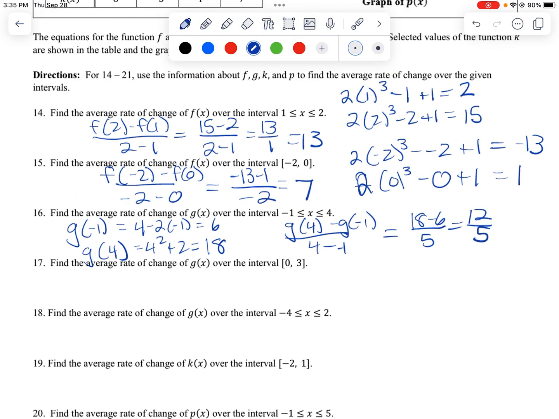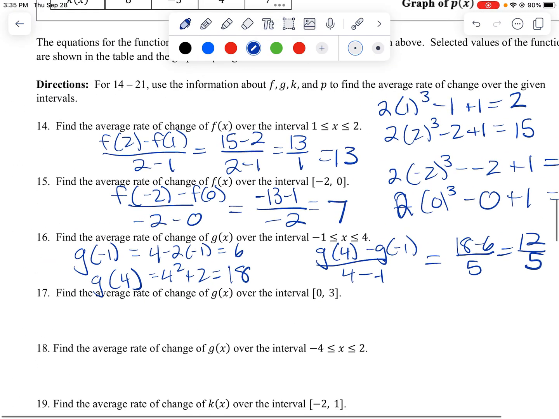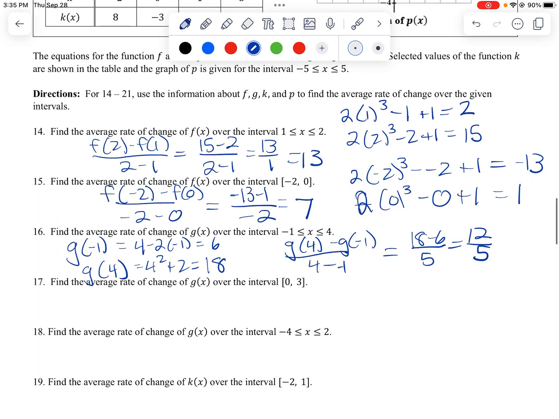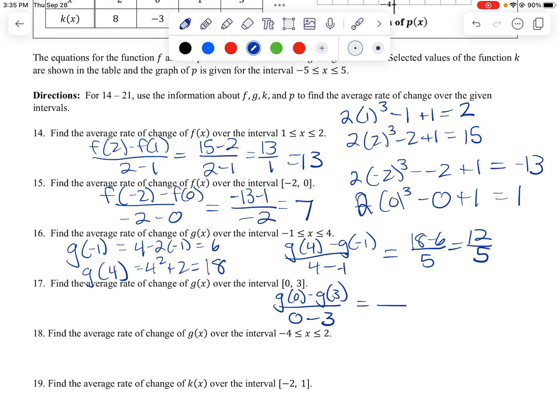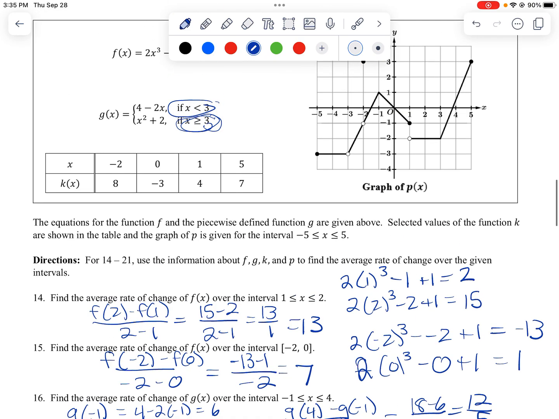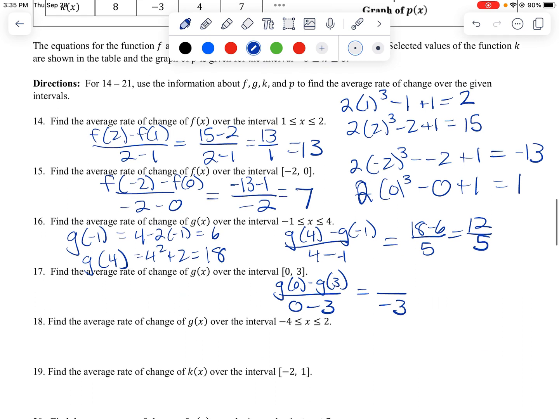So from 0 to 3, so again, I'm going to do g of 0 minus g of 3 over 0 minus 3. So the bottom we have -3. So where am I going to put 0? Well, 0 is less than 3, so in that top one.